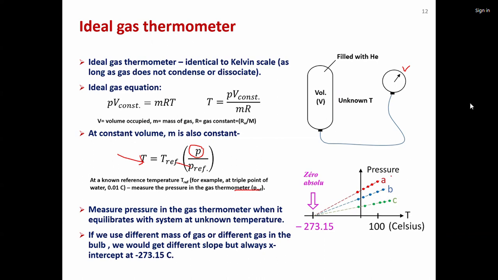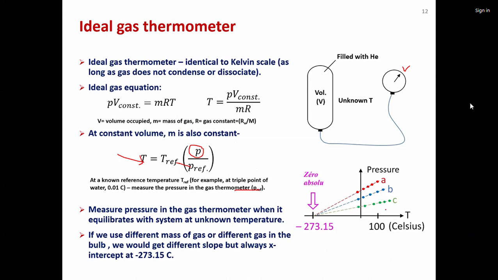For different gases, the slope is going to be different because the gas constant R is the universal gas constant divided by molecular weight. For different gases, since M is different, R is going to be different. So even for the same mass, since R is specific to the gas, depending on the gas, they will have different characteristic curves here.